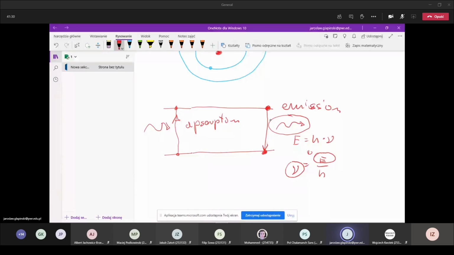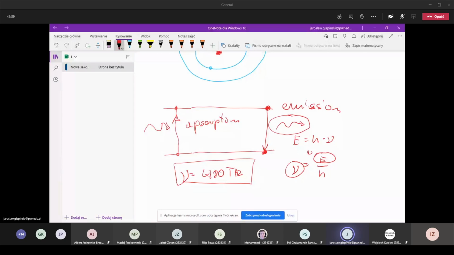If we remember, for the red light we've got a frequency, I don't remember, more or less 400 terahertz. So we need a special quantum of energy that corresponds to this frequency.